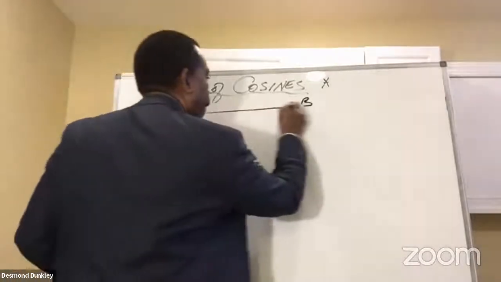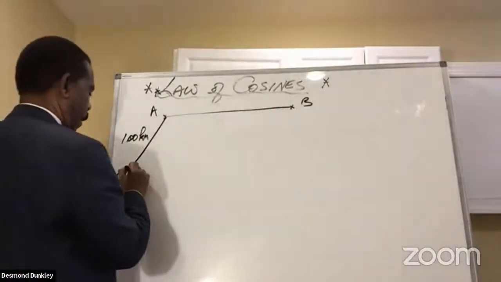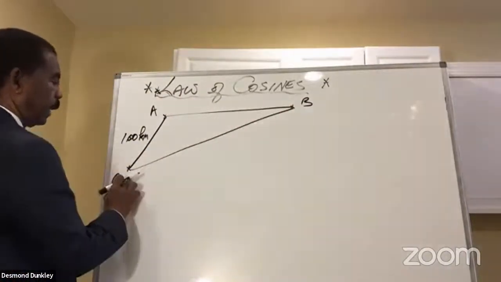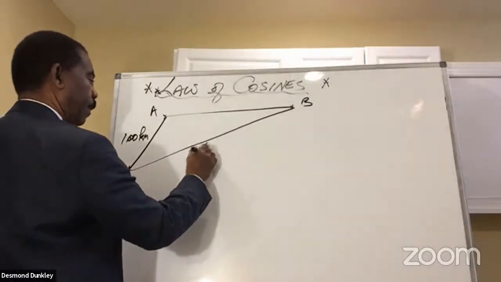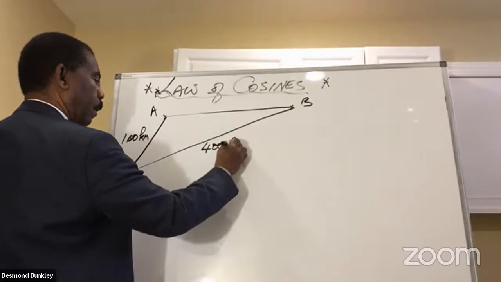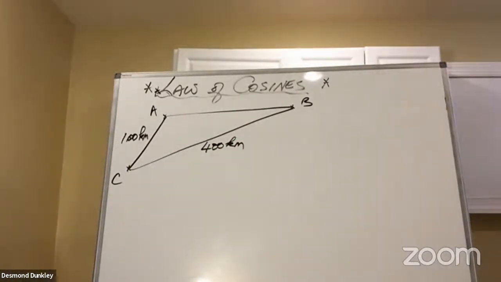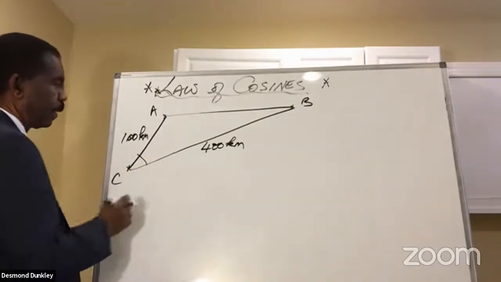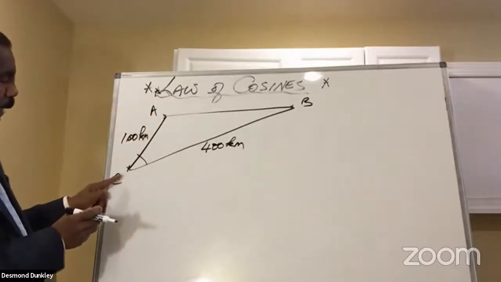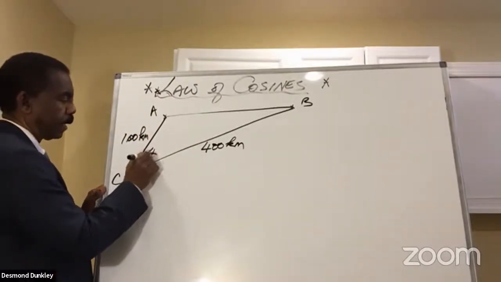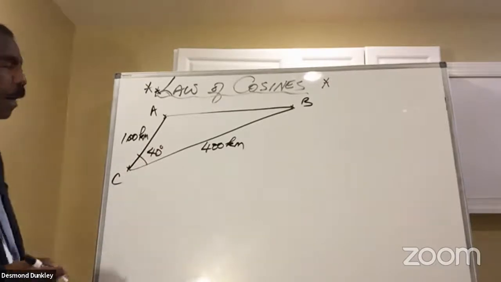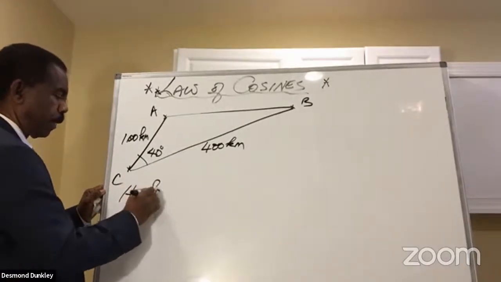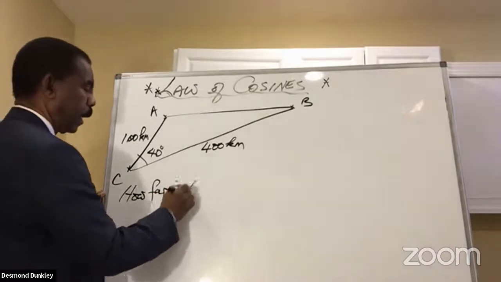Distance from B to C is 400 kilometers. If the angle between A and B from C is 40 degrees, how far is A from B?